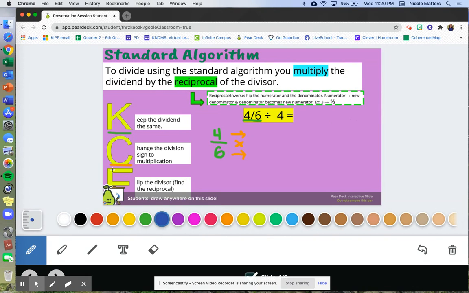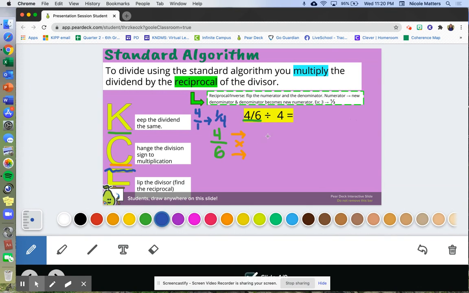Okay, my final step, which let's just mark it in blue so we remember, is I need to flip the divisor, find the reciprocal. So I know that 4/1, if I'm finding the reciprocal, I'm going to flip them, is going to be 1/4.